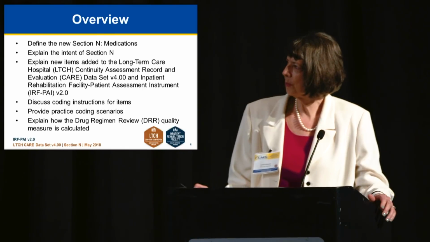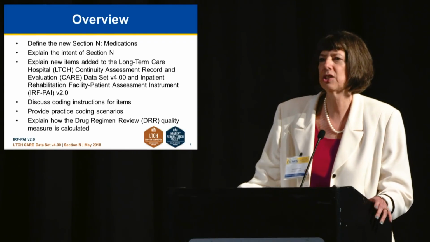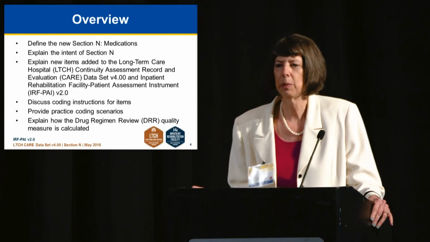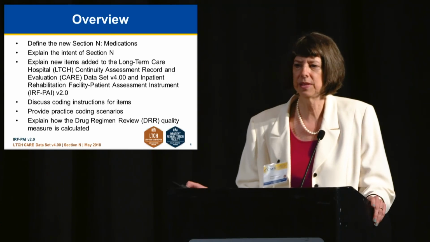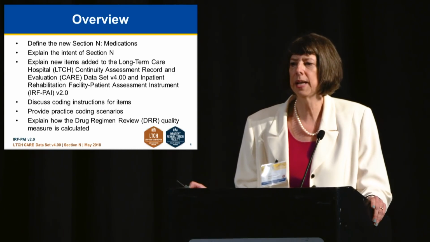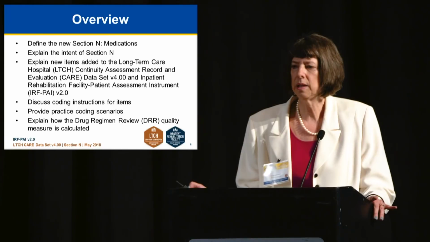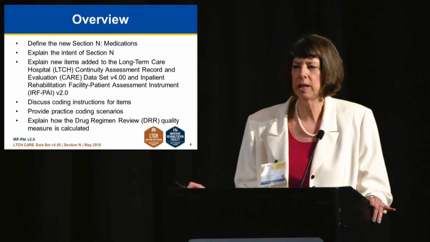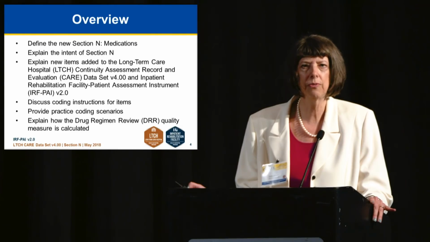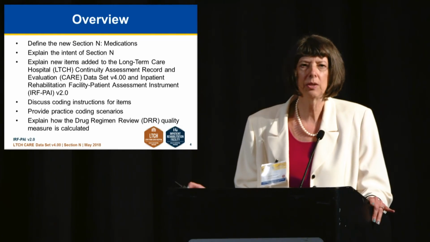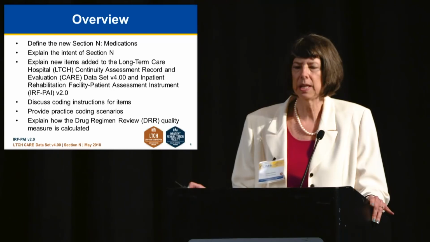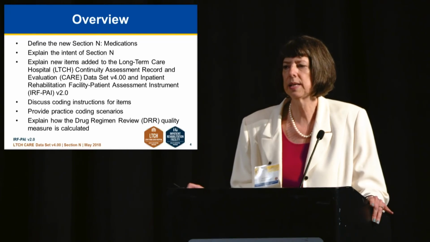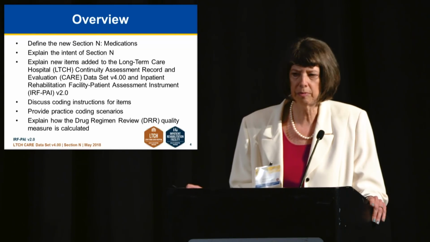So first we're going to define the new Section N, Medications. We'll explain the intent of Section N, and we'll explain the new items added to the Long-Term Care Hospital Continuity Assessment Record and Evaluation, the CARE Data Set version 4, and the Inpatient Rehabilitation Facility Patient Assessment Instrument, known as the IRF-PAI.